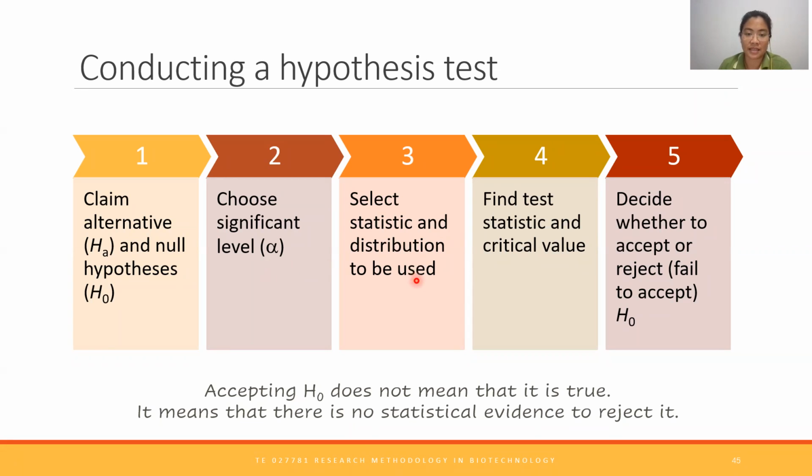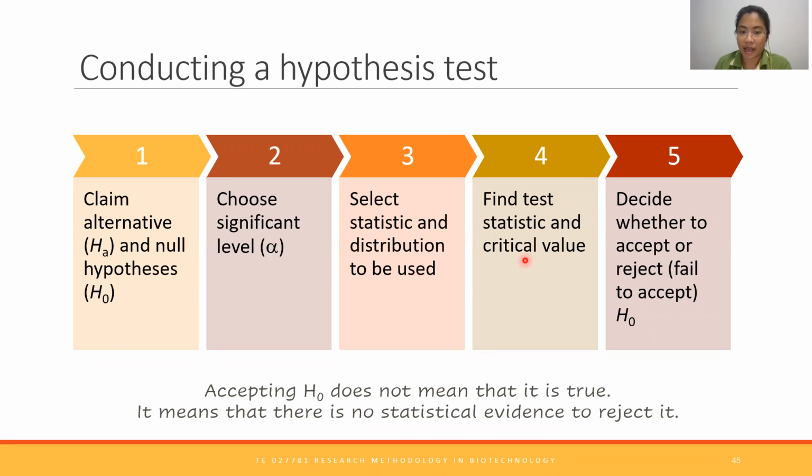Then select a statistic and distribution to be used, whether you want a t distribution, an f distribution, or a chi-square distribution. It depends on the type of question of the case that you want to test.